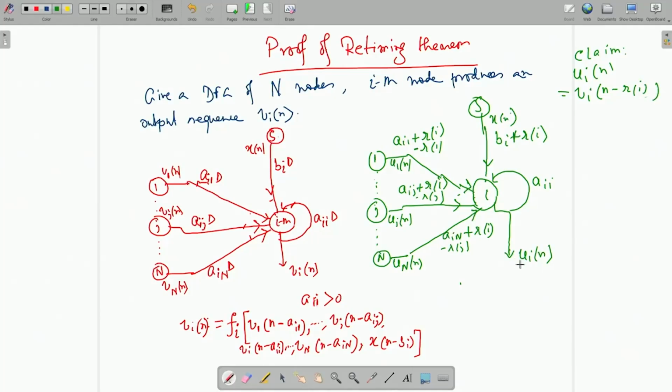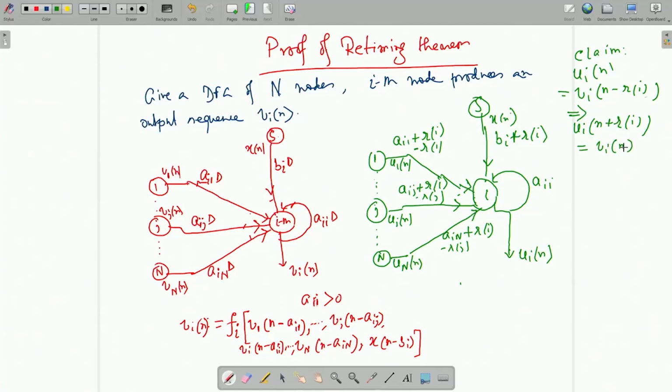That is, UIn at the nth index is nothing but the same VIn, but delayed by Ri, or equivalently UIn, if you take Ri on this side, n plus Ri, this will be your VIn.